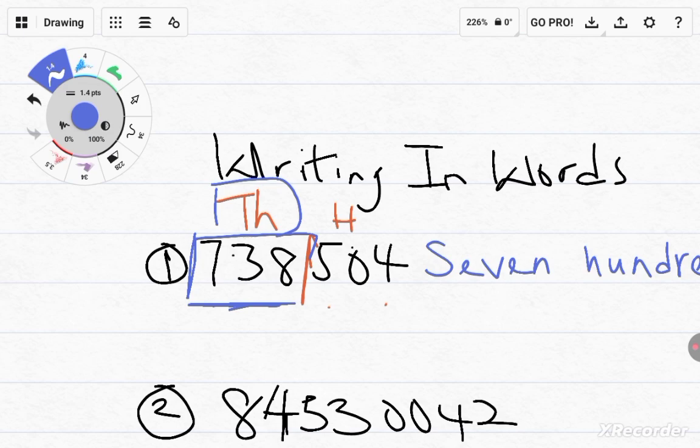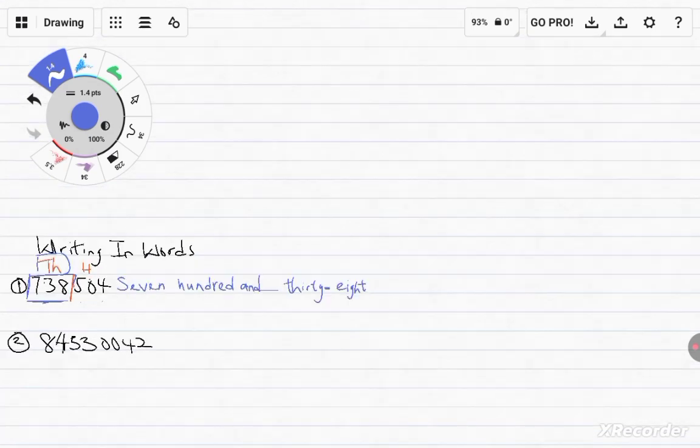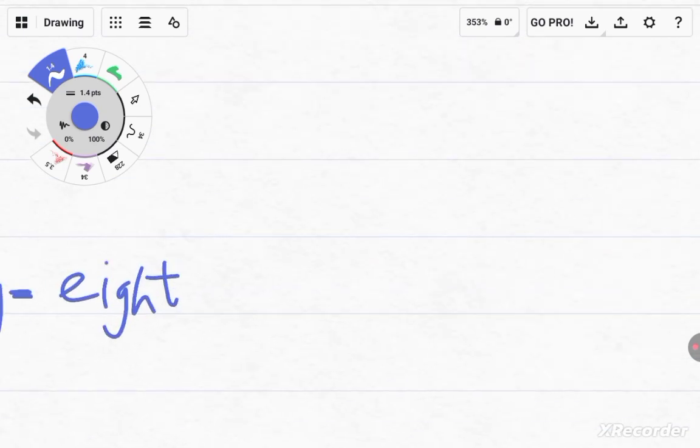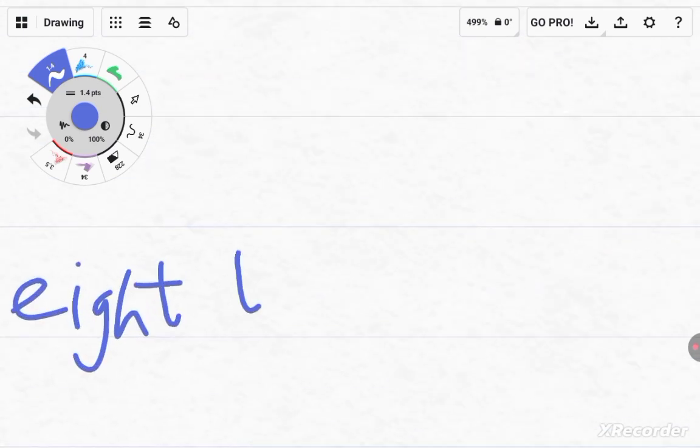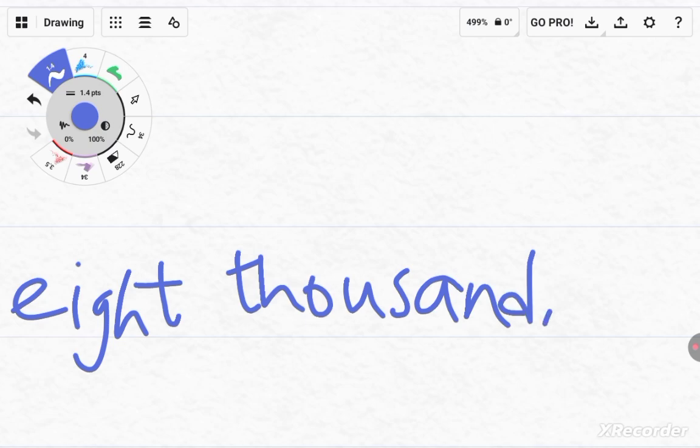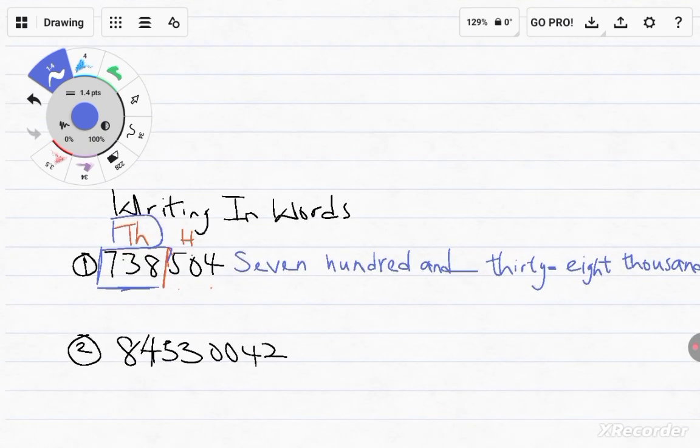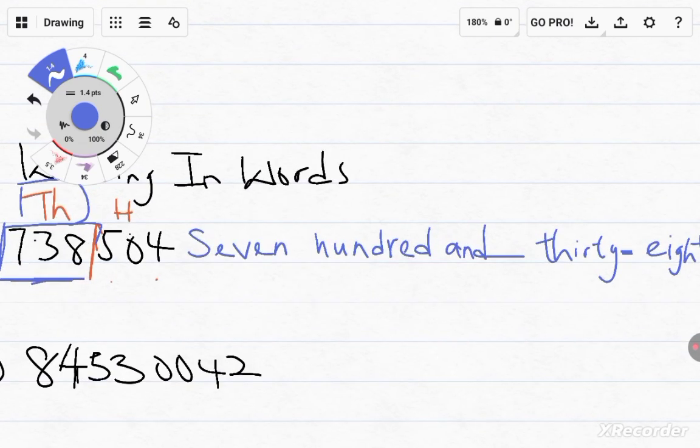The labeling of that group is what? Thousand. The labeling of that group is thousand. So that's 738 thousand, comma. After every group, put a comma.